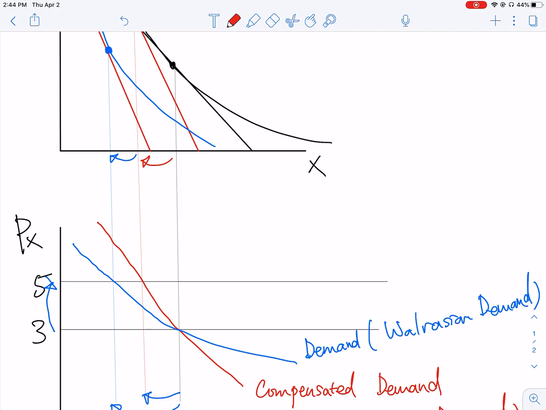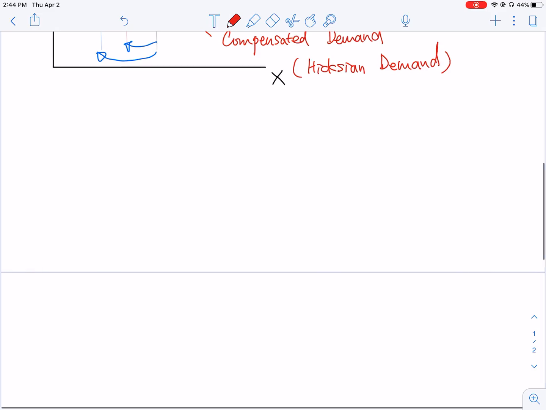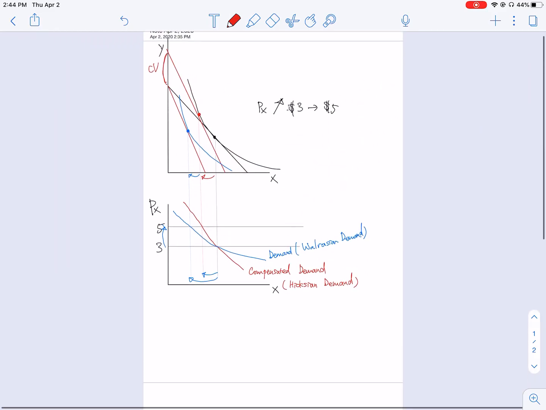Because if it's an inferior good, then the income effect is going to neutralize some of the substitution effect, so that the reaction to a change of the price when you consider the normal demand, the Marshallian demand curve, will be less. So let me draw that on the next page.